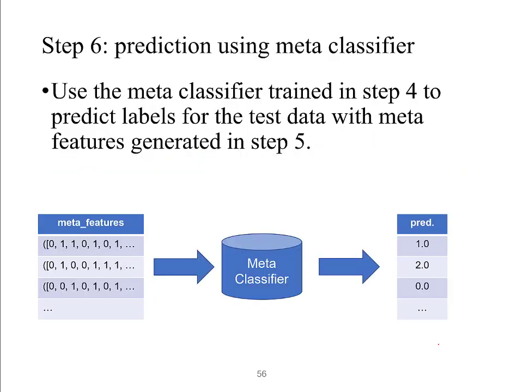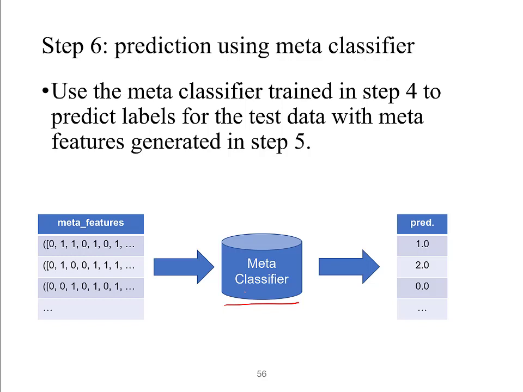And once we got the meta features, in the last step, we can do the prediction. So we do the prediction using meta classifier. So meta classifier is the classifier that has been trained before. All right. So we use the meta classifier that trained in step 4 to predict labels for the test data with meta features generated in step 5.